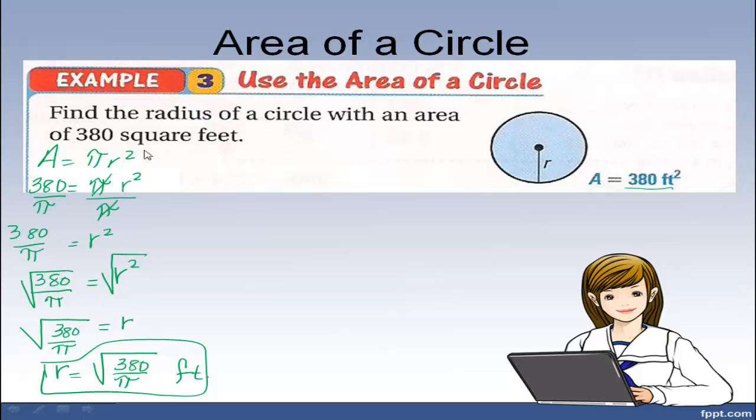Otherwise, if they want you to find radius rounded off to the nearest tenth or hundredth, then you would go ahead and do one more step, which is in your calculator, you write 380 divided by 3.14. Do that in your calculator and see what you get. And once you have this value, you take the square root of that value, okay? And that would be your radius in feet. That's all you would have to do for that.